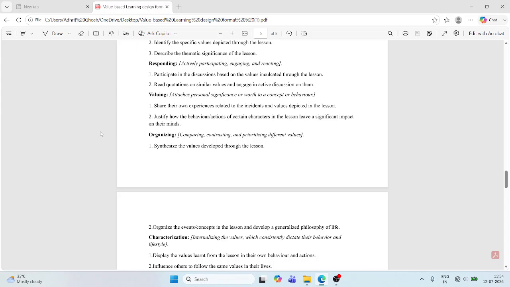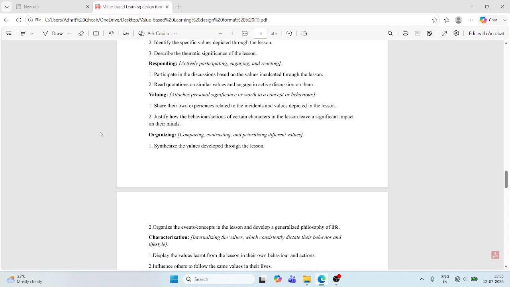The third level is valuing, that is attaching personal significance. This is where the child or the individual relates to the value depicted in the lesson. All right. So there the child is sharing his or her own experience related to the incidents and the values depicted in the lesson, or maybe his or her own views regarding the values developed in the lesson, and justify certain behaviors and actions of certain characters in the lesson, or certain incidents that leave an impact on the minds of the readers.